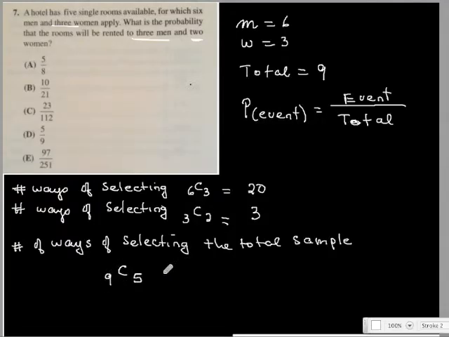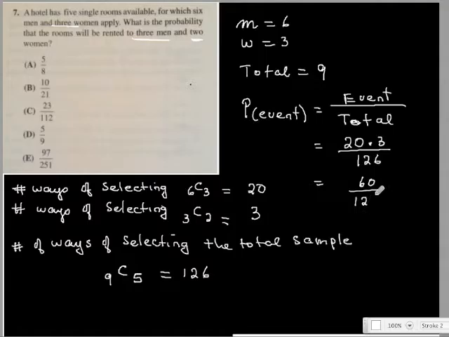And my calculator gives me 126. So the probability would be 20 times 3 divided by 126, which is 60 divided by 126, which is, reduce it by 6, 10 over 21. This is 10 and not 16.